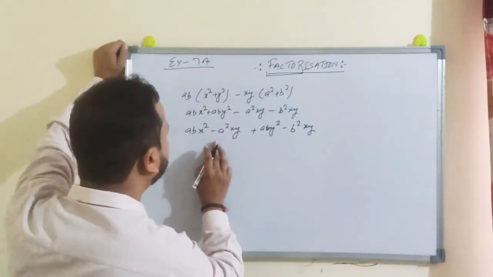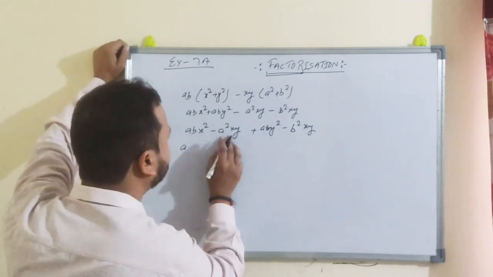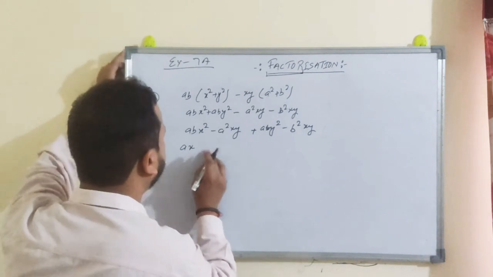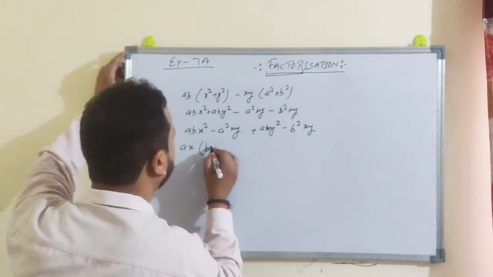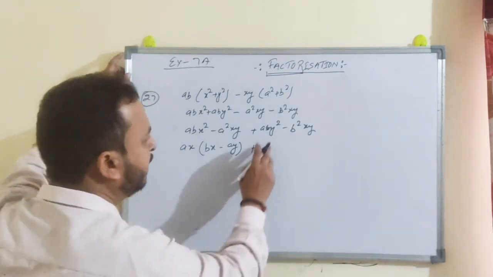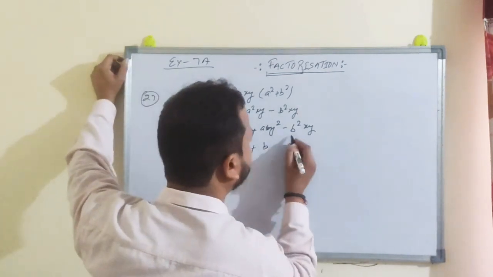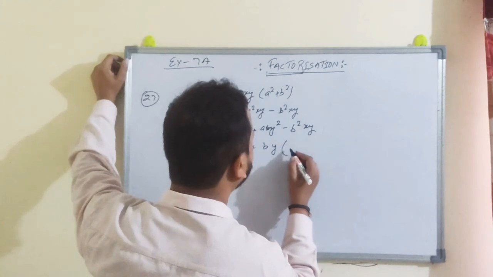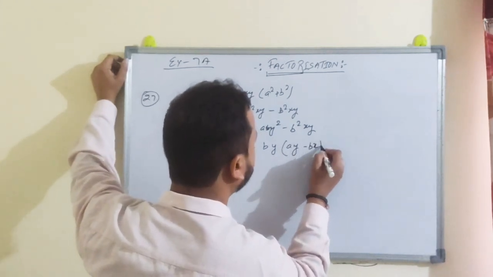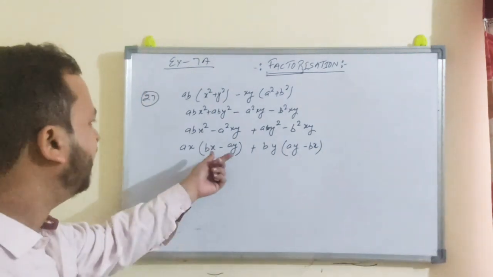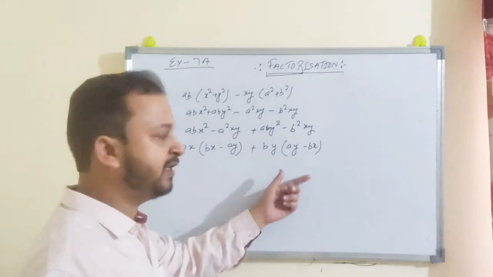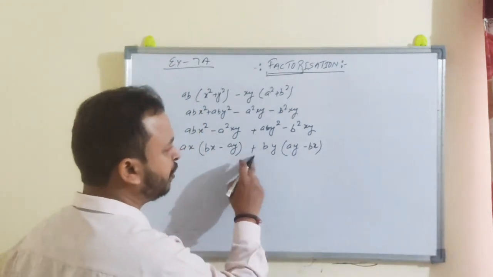So here a is common, then x is common. Ax I have taken common. Here you are left with bx minus ay, and here b is common and y is common. Here you will be left with ay minus bx. So here bx minus ay, here ay minus bx is written. So take minus 1 common.